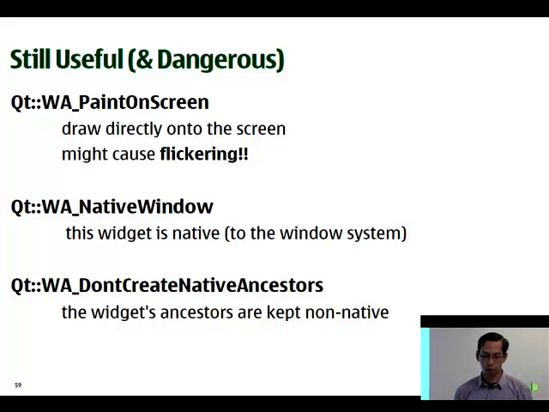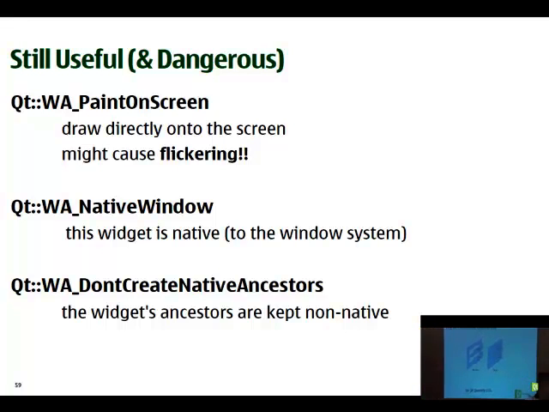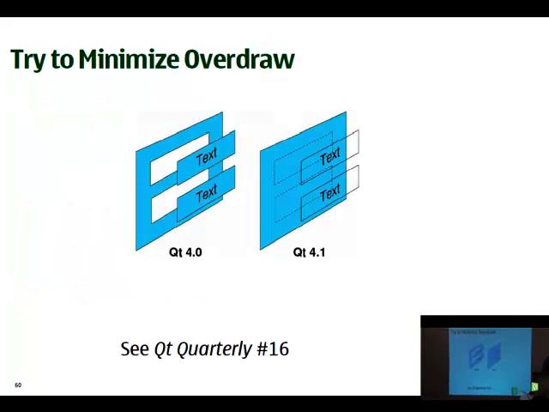Of course, if you have a look at Qt Quarterly issue 16, you will see that since 4.1 we support backing store, which means that Qt tries to minimize the overdraw automatically for you. So you have to be careful that you don't do an overdraw, because Qt might have done some painting for you already.